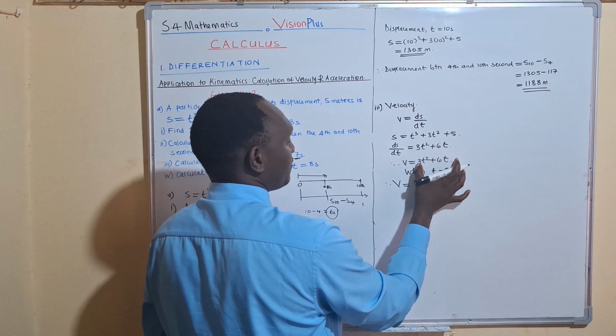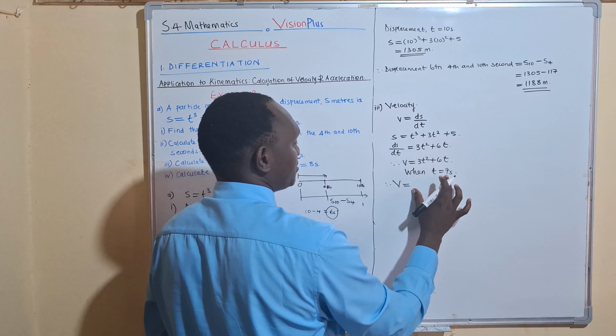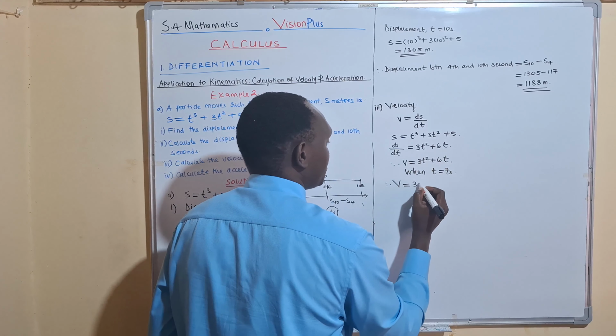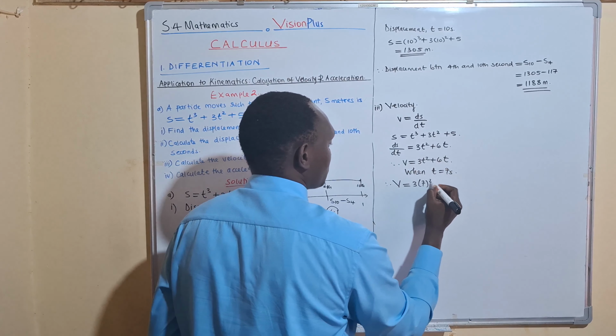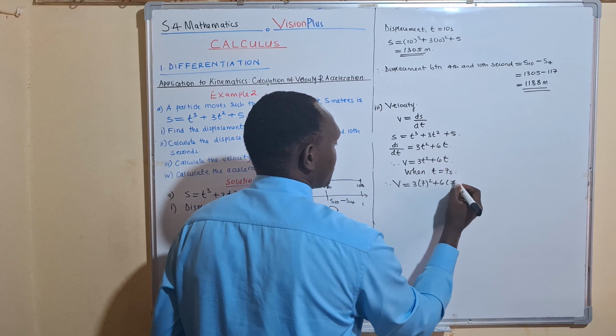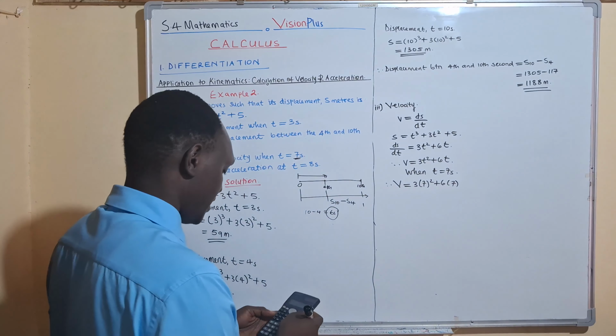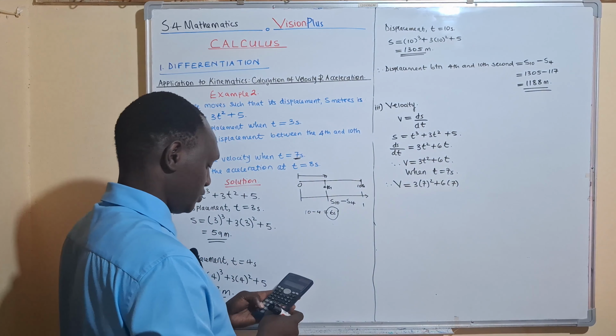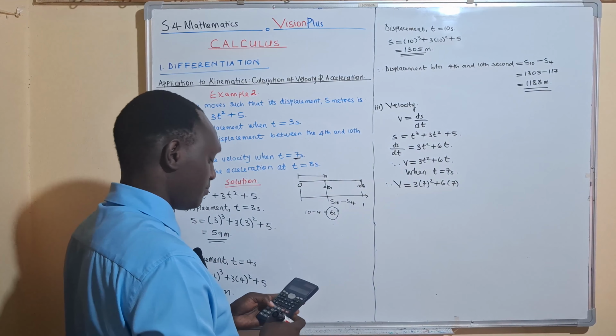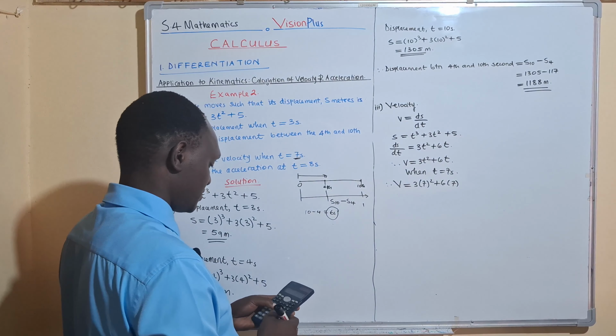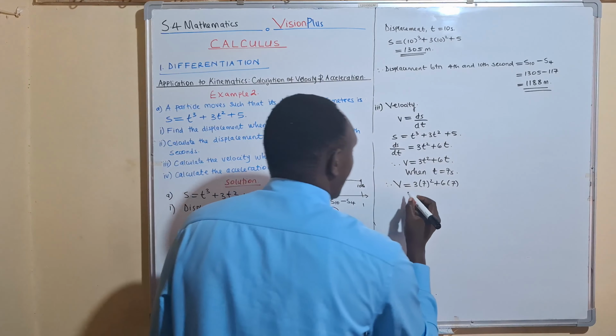This is the expression for velocity at any time. So we can substitute for the time 7 and we get the velocity at that time. 3 times 7 squared plus 6 times 7, where t here is also 7. Then we simplify. 7 squared times 3 plus 7 times 6. I'm getting 189.